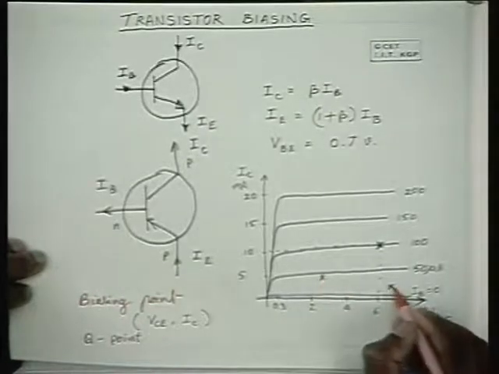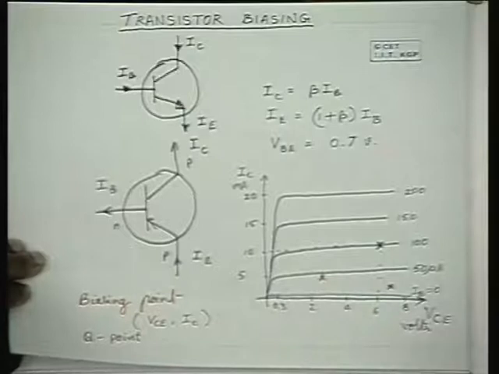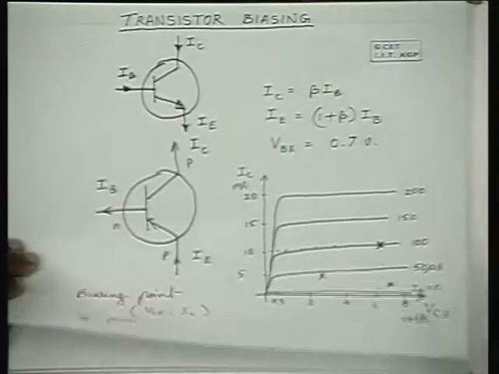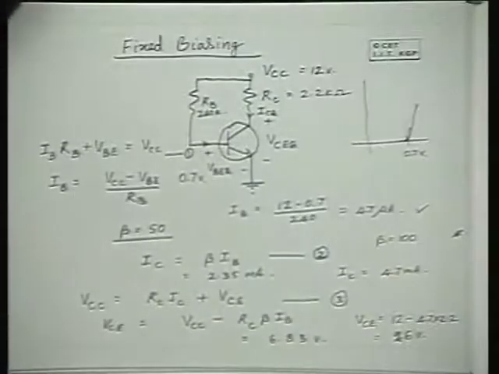The Q point has shifted from here to here with the same circuit, but with a replacement of the transistor by another transistor of the same type. The Q point is shifted by so much. So the Q point may shift from a linear region to a nonlinear region, from a deep active region to an edge of the active region, which is undesirable.